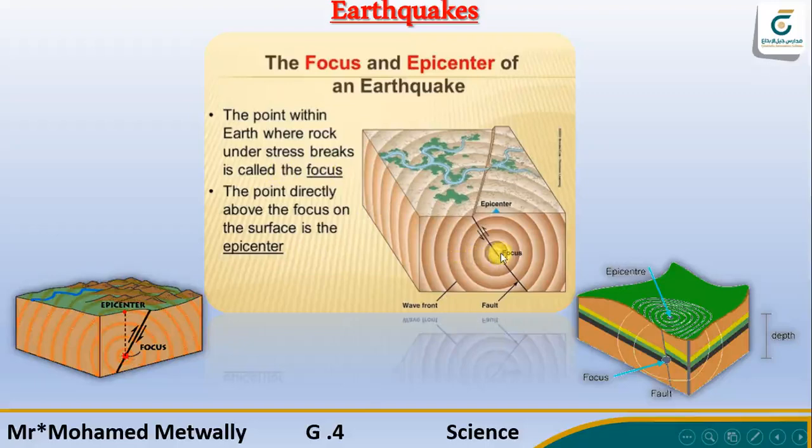If we take, for example, a cross section of the Earth, we can find the focus here. The point directly above the focus is the epicenter. So here you can find the epicenter on the surface of the Earth. The focus is inside and the epicenter is above the focus.